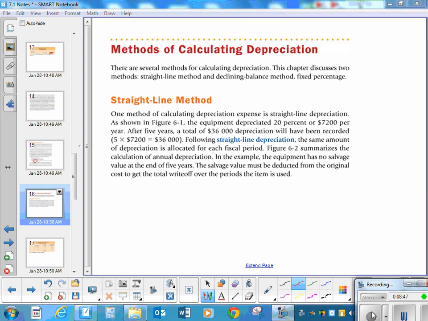And then remember, I told you that there were 2 methods of calculating depreciation. One is the straight line method. In this method, what it basically does is it depreciates the same amount over every year. So if it lasts 5 years, it depreciates 20% every year. So every year it has exactly the same amount of depreciation.